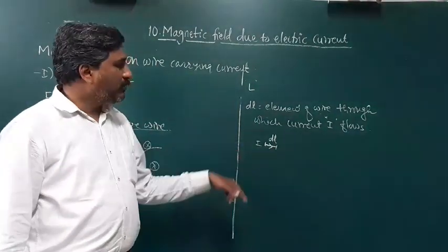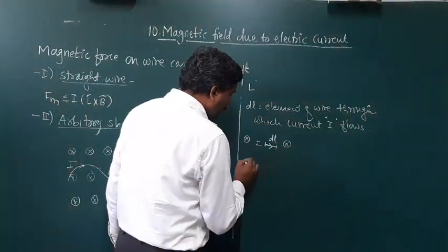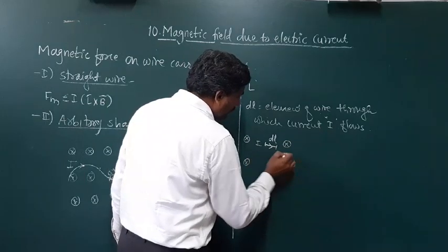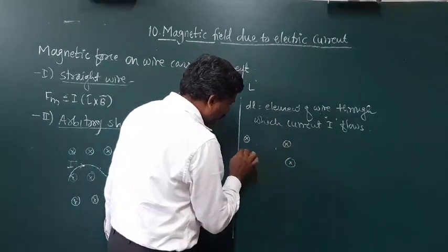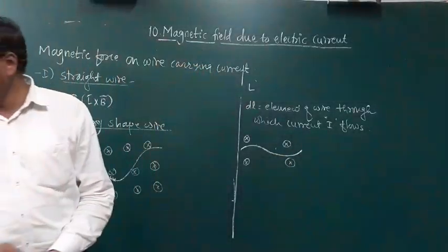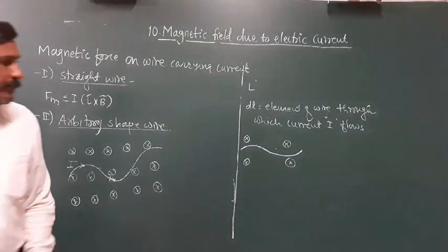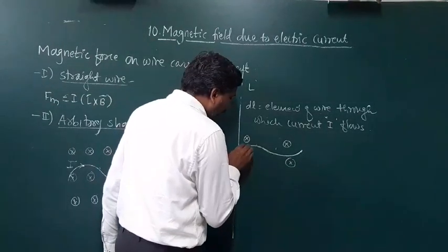Now the magnetic field is given. Again, it is mutually perpendicular. Are you getting this diagram? If not, then we will see it once again. This is my conductor, through which current I is flowing.